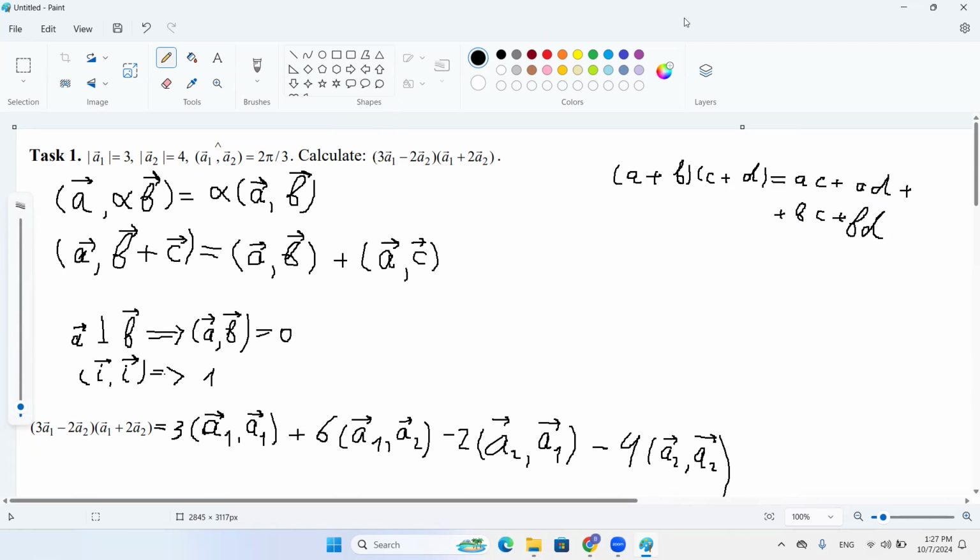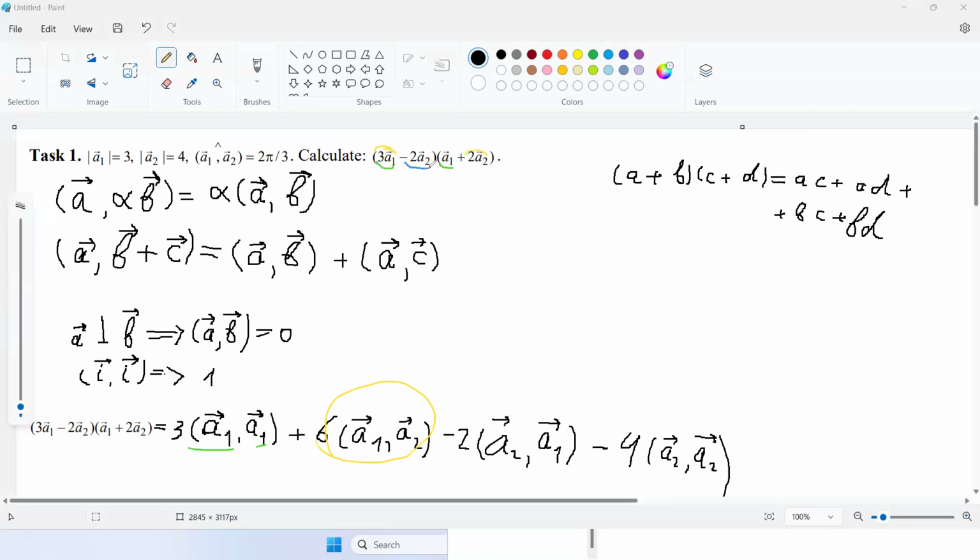And we do the same for these vectors. So I multiply 3a1 by a1. Here it is. Then I multiply 3a1 by 2a2. Here it is.